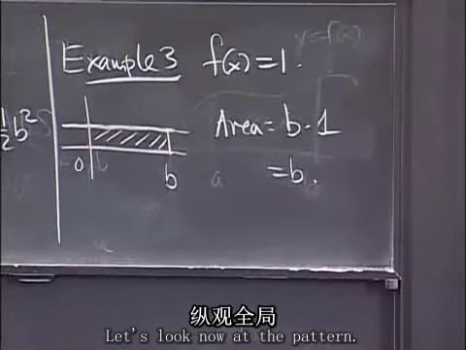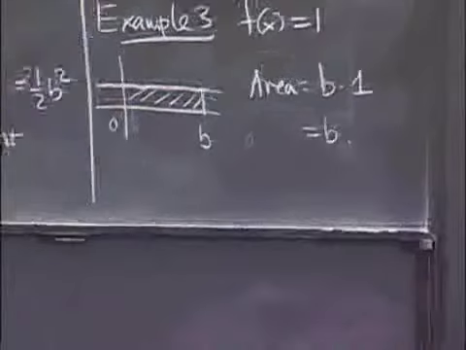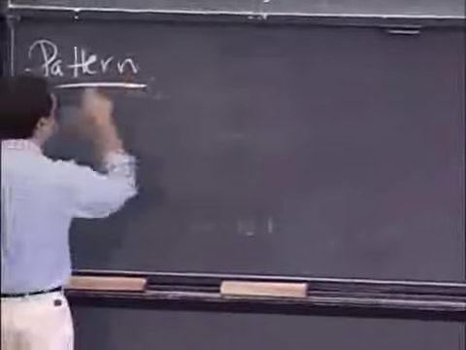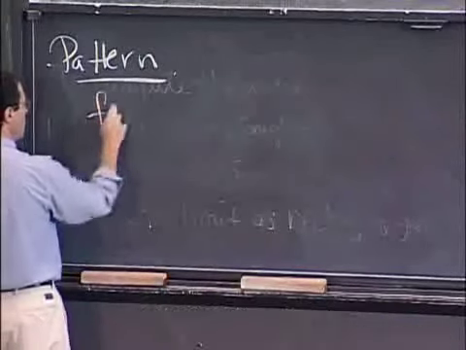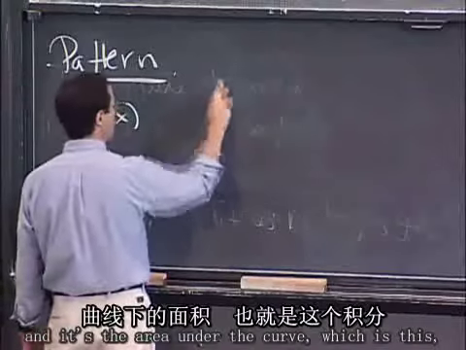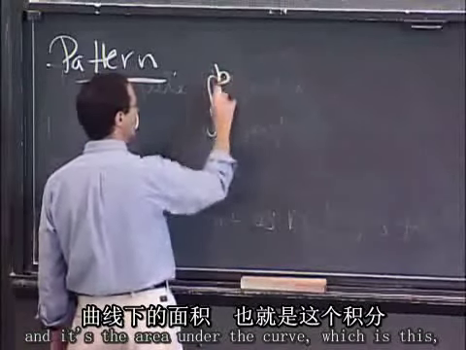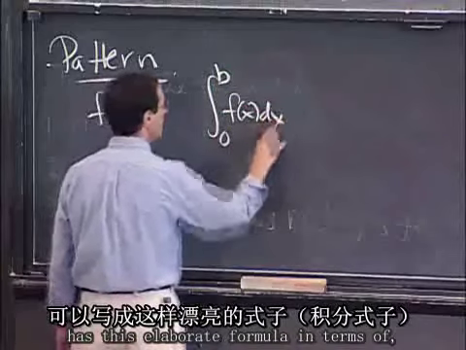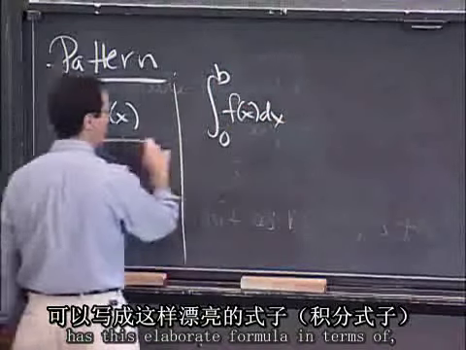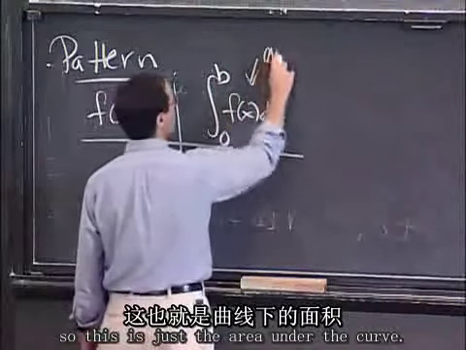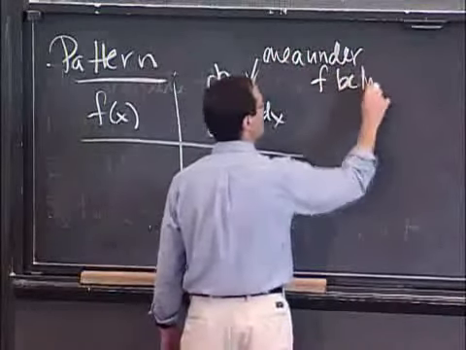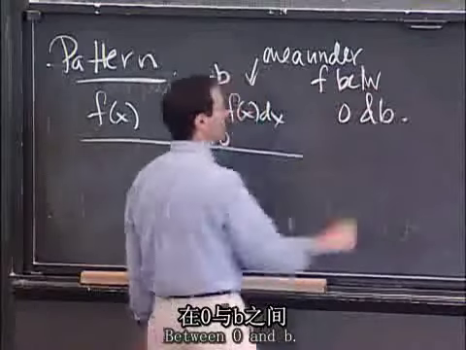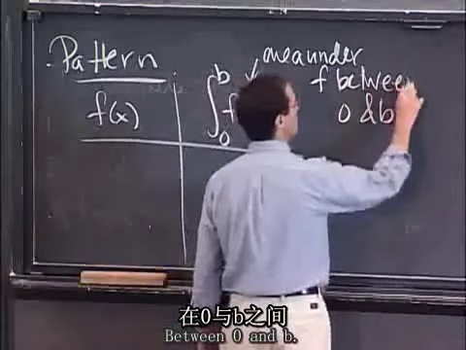Let's look now at the pattern. We're going to look at the function, and the area under the curve, which is this, has this elaborate formula. So this is just the area under the curve between 0 and b.